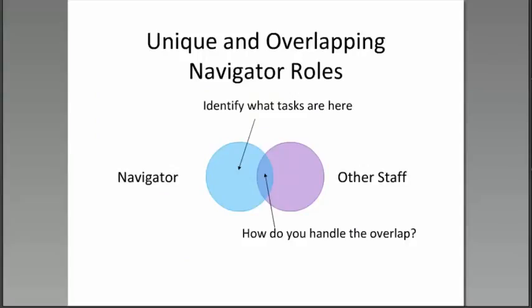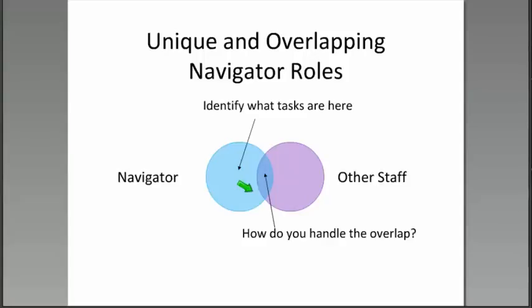And one of the things that's going to become very common to all of us is that we are going to be overlapping with the different staff and colleagues we're working with, who are going to be providing very similar services to the ones a navigator does. What is important to keep in mind here is that as a navigator, you will have specific goals to achieve. Every single one of your colleagues also has very specific goals to achieve.